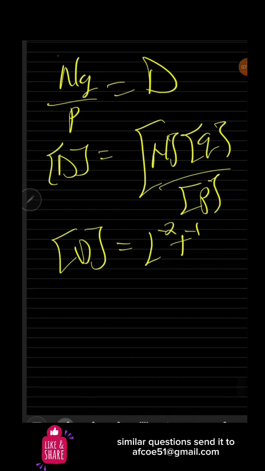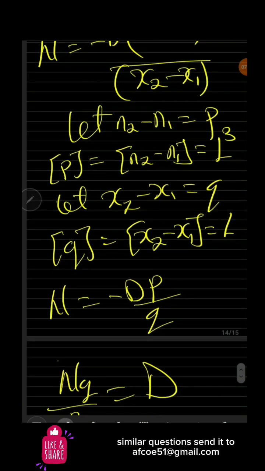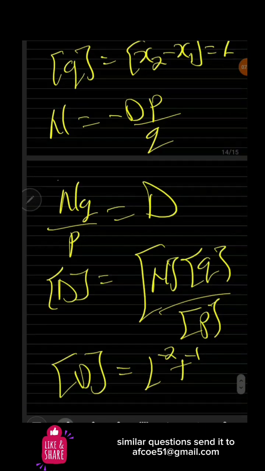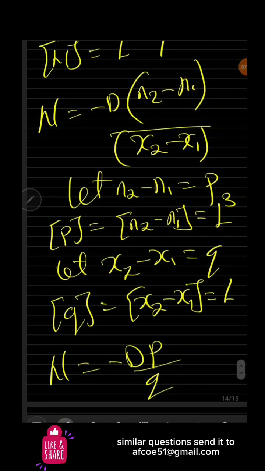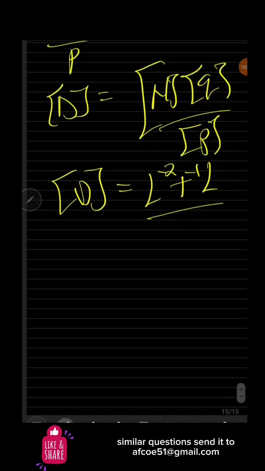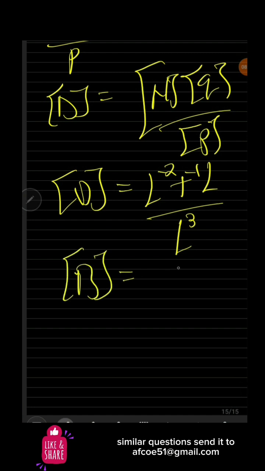The dimensions of Q is L, length, dividing by dimensions of P, which is L^-3. So dimensions of D will be equal to indices.